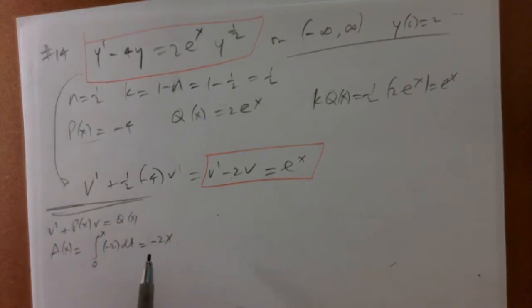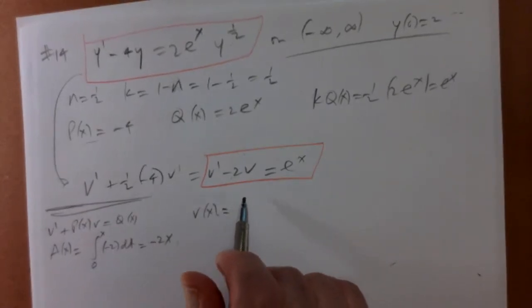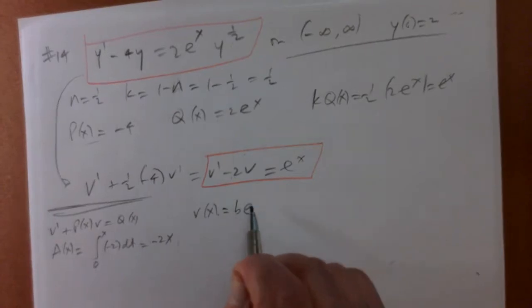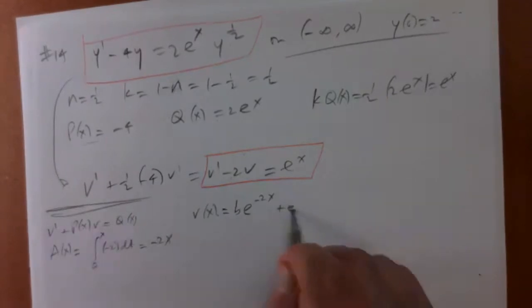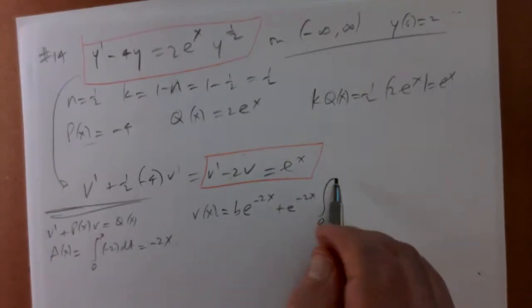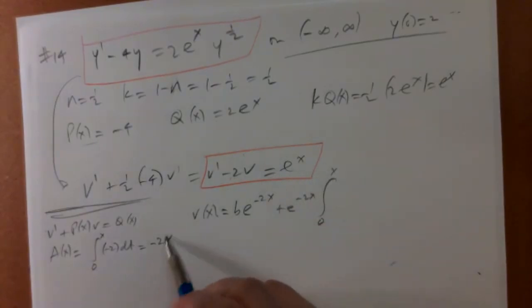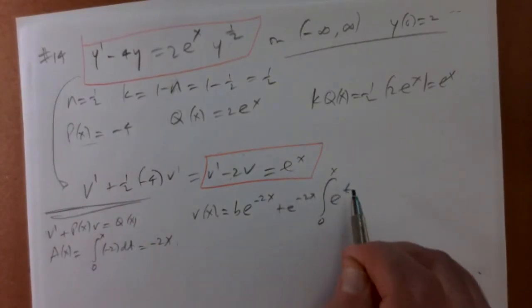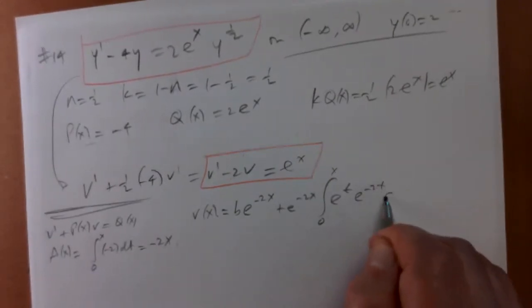It's minus 2x. And our solution is v of x equals some constant b, e to the minus 2x, plus e to the minus 2x times the integral from 0 to x of the function q of t. q of t, that's this function, e to the t, times e to the minus 2t dt.